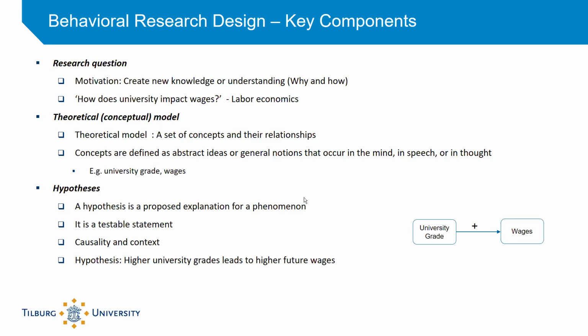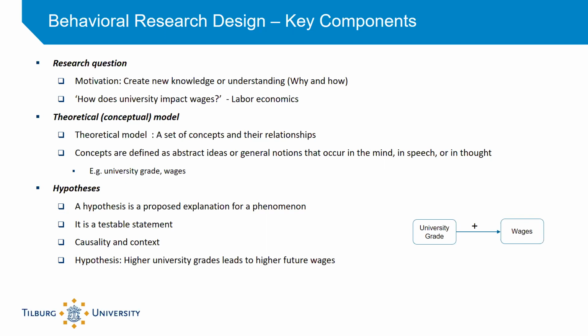The first is the research question. As I said in the previous slide, the whole motivation is to try and create new knowledge or new understanding. Usually questions which start with why and how relate well to behavioral research questions. So the question that I introduced last time, how does university grades impact wages, is a very typical behavioral research question. It has two important aspects.